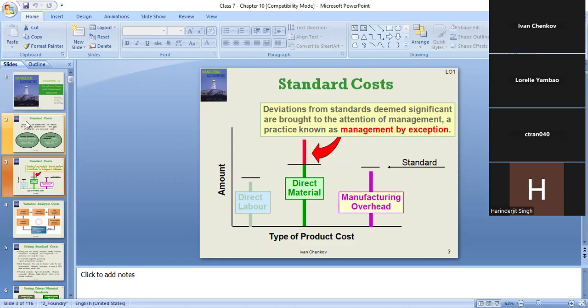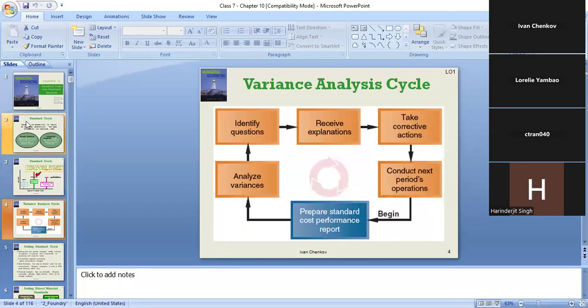What are we chasing with that? We're chasing to achieve the effect of management by exception. So basically, every time we go above our standards or don't meet our standards, we're going to chase those variances and find out why we have them, and we try to stay with the standards. That's how we achieve the quality.